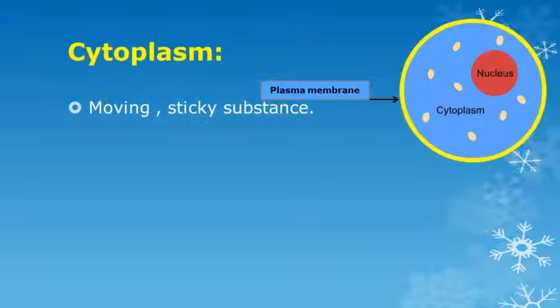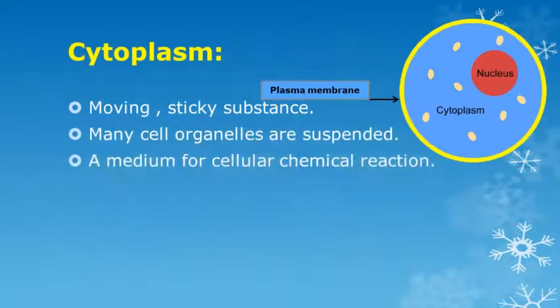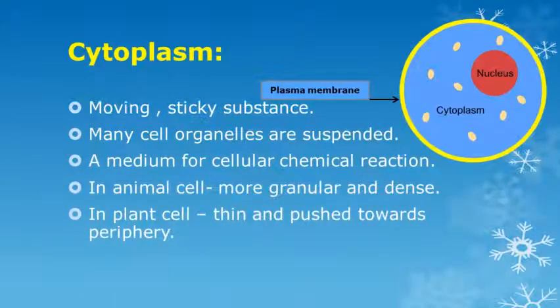And cytoplasm is the medium for cellular chemical reactions. It provides a medium as it contains different cell organelles, so various chemical reactions like cellular respiration, cell expansion and growth of the cell can take place.